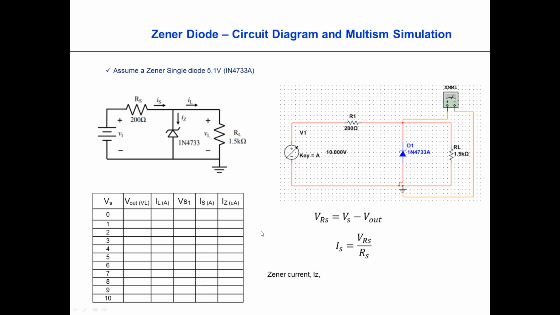The Zener current IZ is equal to IS minus IL, or IS, the source current, equals the Zener current plus the load current.